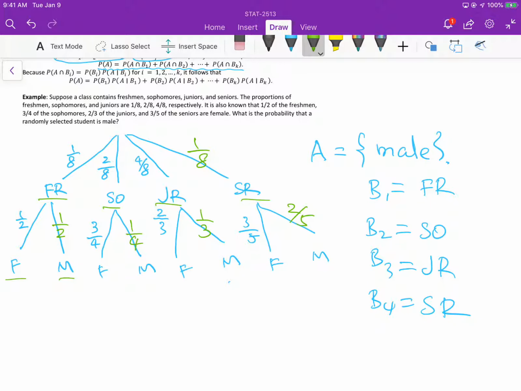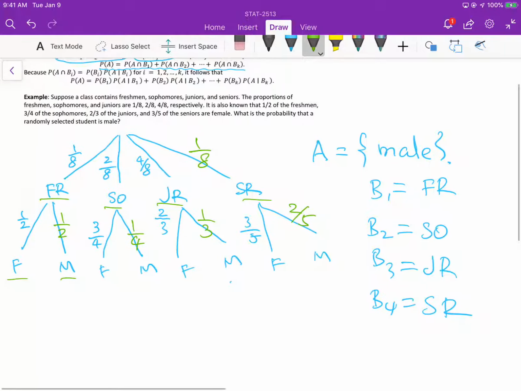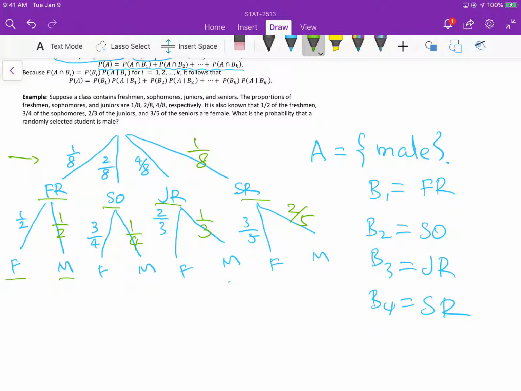For each value in this level, it is just like the probability of Bk in the formula. And the probabilities in this level are just like the probability of A given Bk.